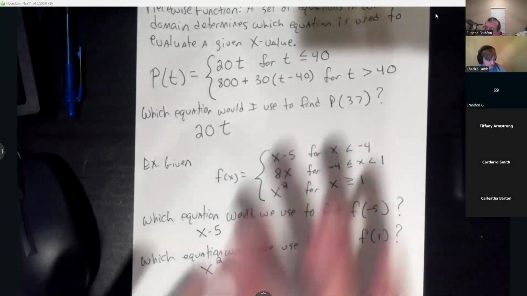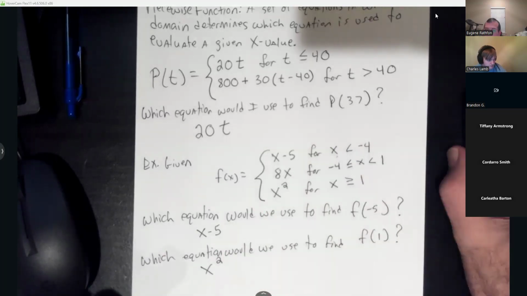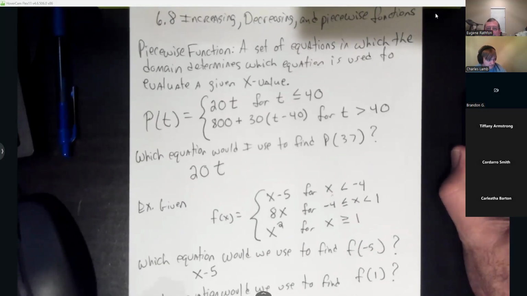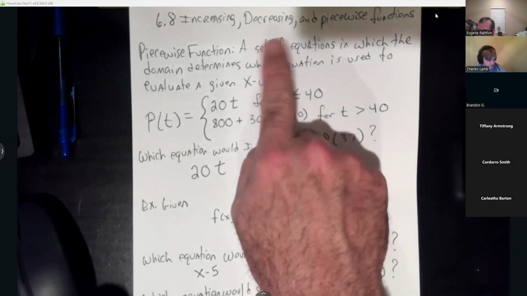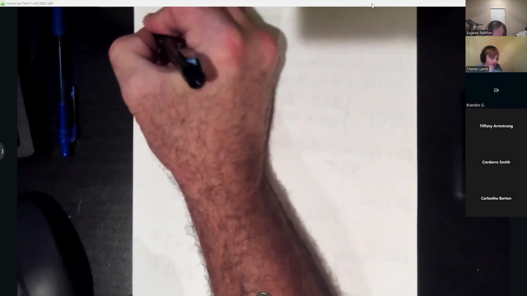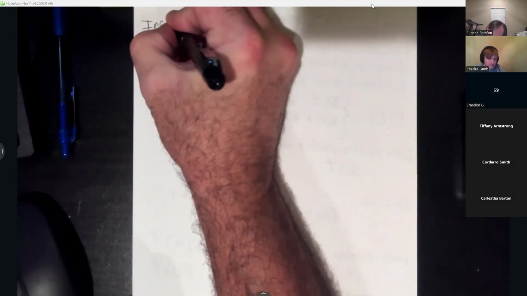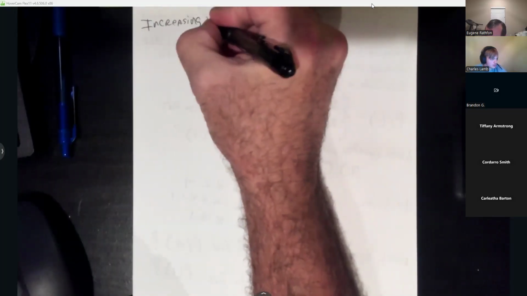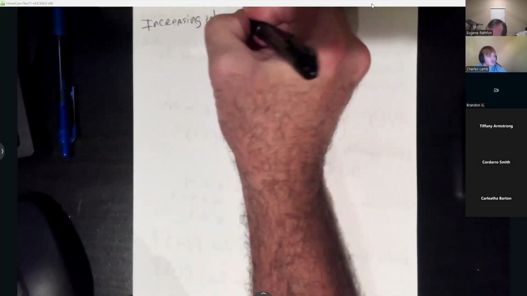All right, y'all, so this section will start out dealing with piecewise functions. Then we're going to get into the increasing and decreasing intervals. So we're going to be looking at increasing intervals. Then we'll look at decreasing and constant.